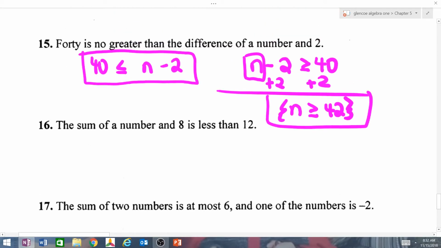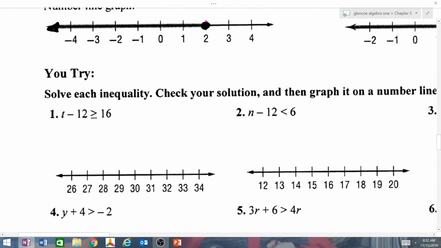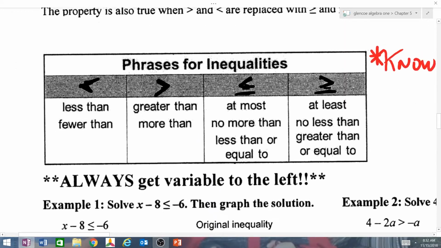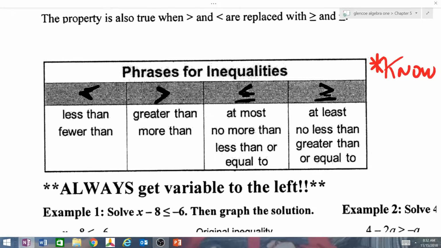All right. Okay, that concludes lesson 5.1. So let's please remember, you are responsible for this chart. Always get the variable to the left. When you switch sides, you must also switch the inequality symbol.